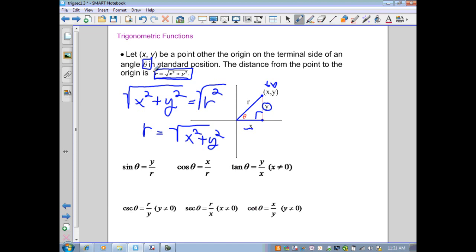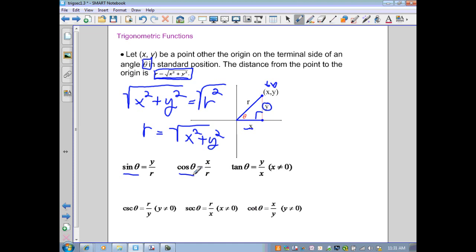With that in mind, once I get the 3 side measures of my triangle, we're going to define each trig function. In this situation, I have sine theta. Sine theta is going to be the measure of y over the measure of r. Cosine theta is x over r. Tan theta, or tangent theta, is y over x.